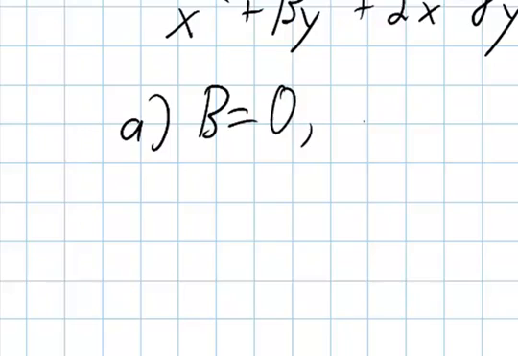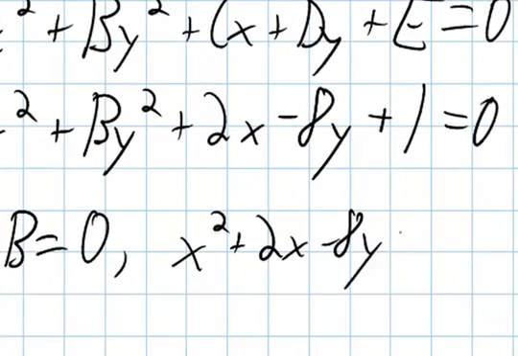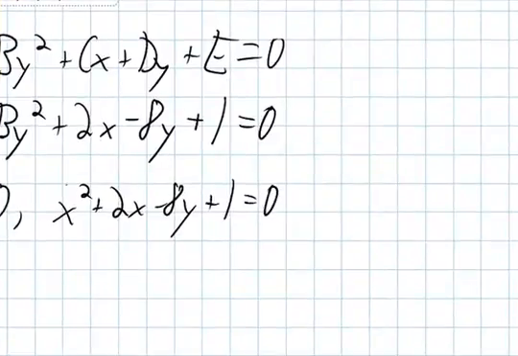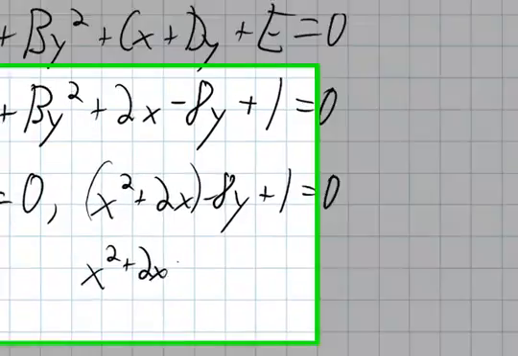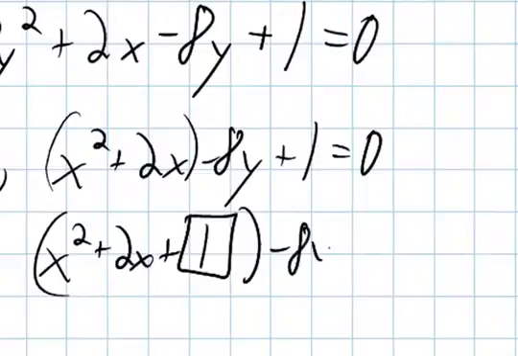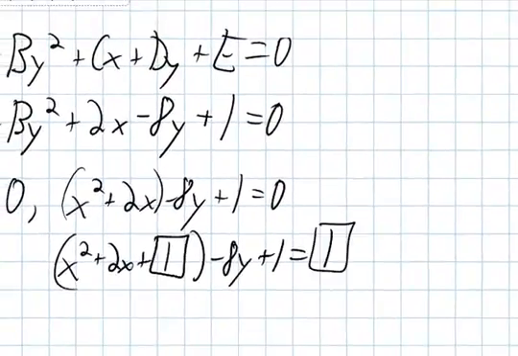Well, if that were true, you'd end up with x squared plus 2x minus 8y plus 1 is equal to 0. You would want to complete the square on this to get x squared plus 2x plus a box with a 1 in it, minus 8y plus 1 equals 1, that same box you added.